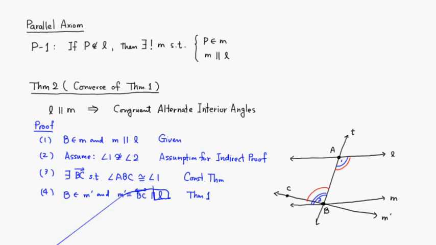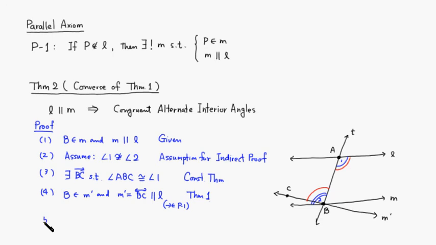Because we have M going through B and parallel to L, and we have another line going through B and parallel to L at the same time, so we cannot have two. So this violates P1, right?